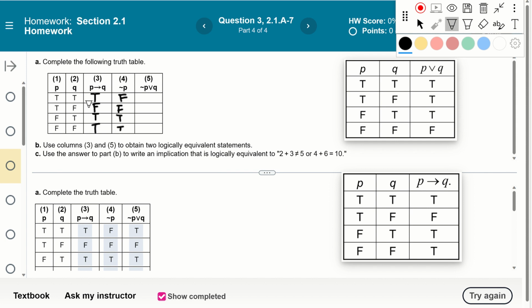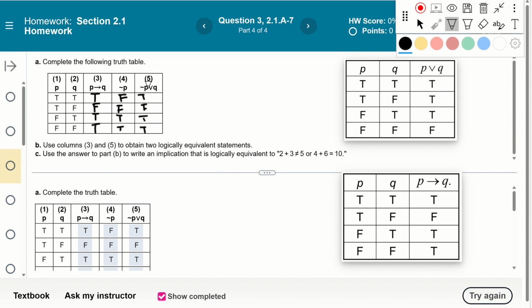Only here, right? In all other cases, one is true, or they're both true, or one is true and the other is false. So the only time that not P or Q is false is right here. So we get a false here and true everywhere else.